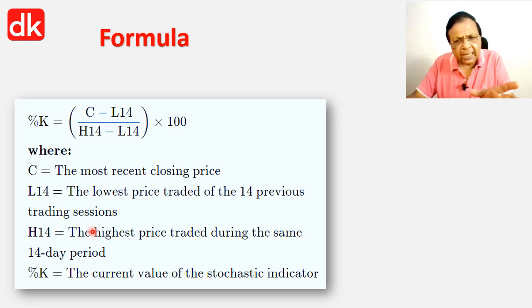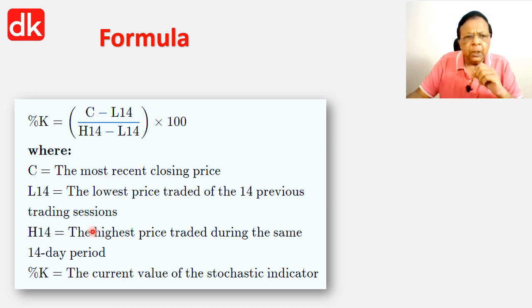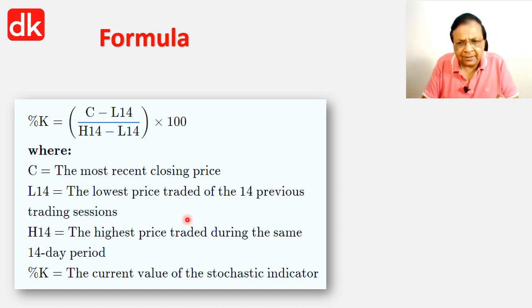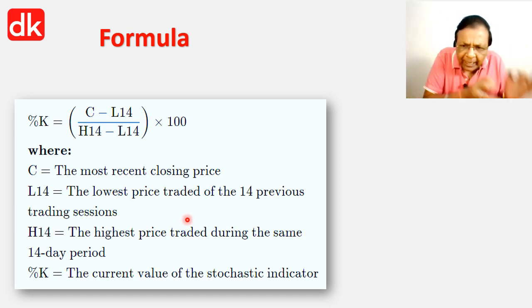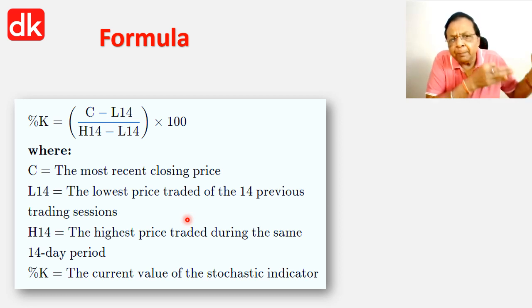If you are using stochastic by selecting 10 period or 12 period or 7 period, accordingly this value will change. So L14 is nothing but the lowest price actually traded in the market in the past 14 days or 14 trading sessions.